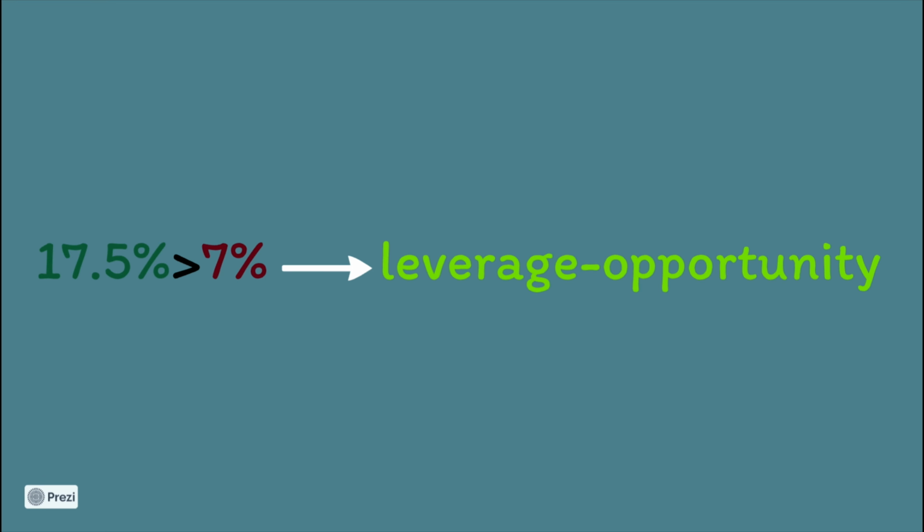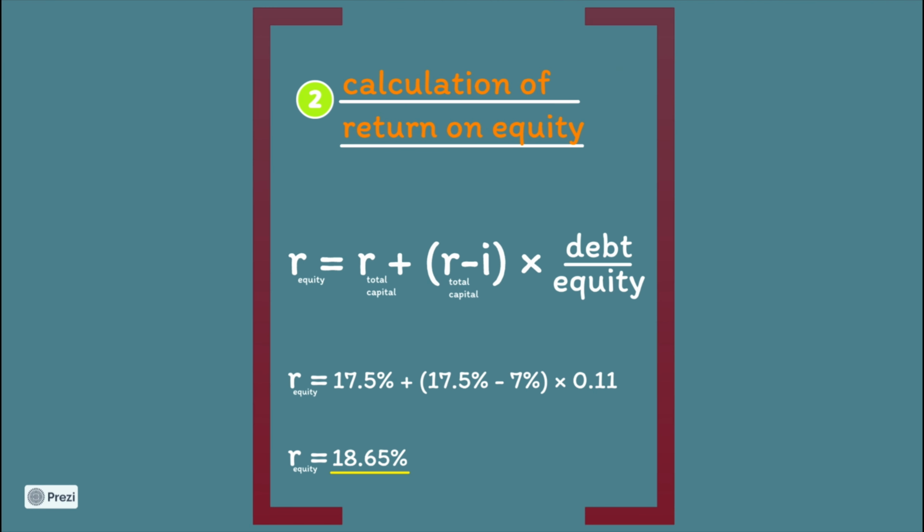Next, Mr. Levy wants to calculate the project's return on equity, that is, the return on his invested equity. The formula for calculating the return on equity is: return on equity equals return on total capital plus (return on total capital minus i) times (debt divided by equity).